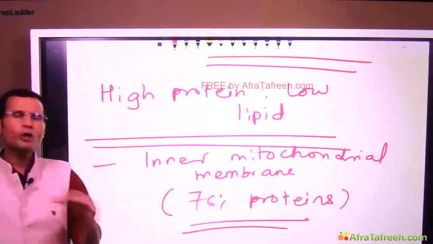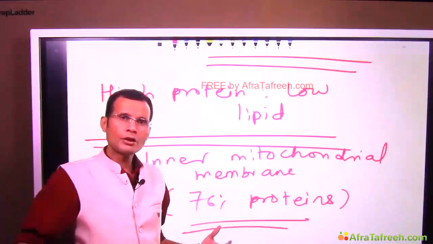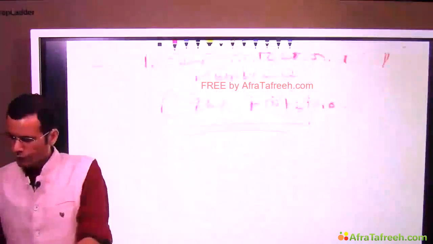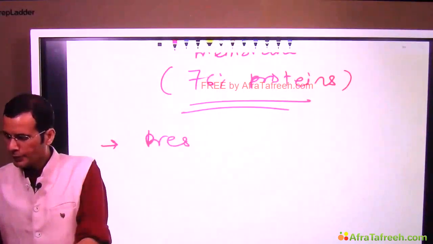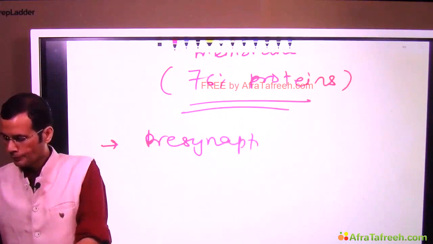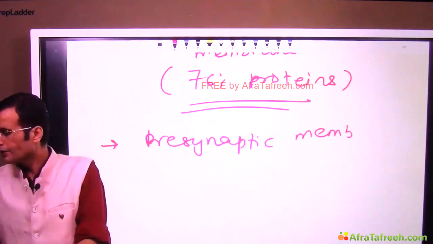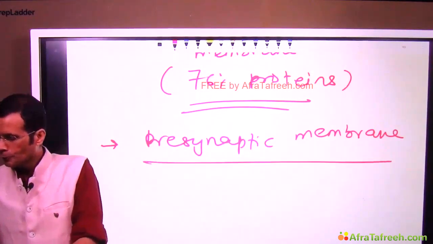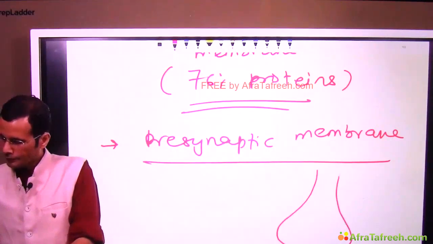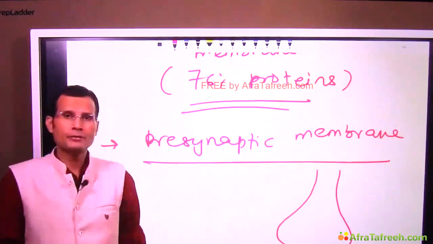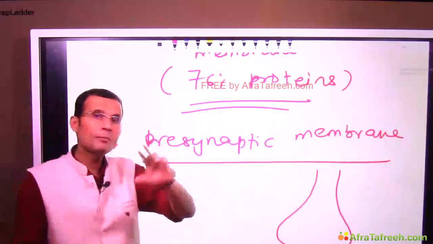We are talking about all membranes in the body. Followed by the presynaptic membrane. That's again easy to understand. The presynaptic membrane is devoid of any myelin sheath.